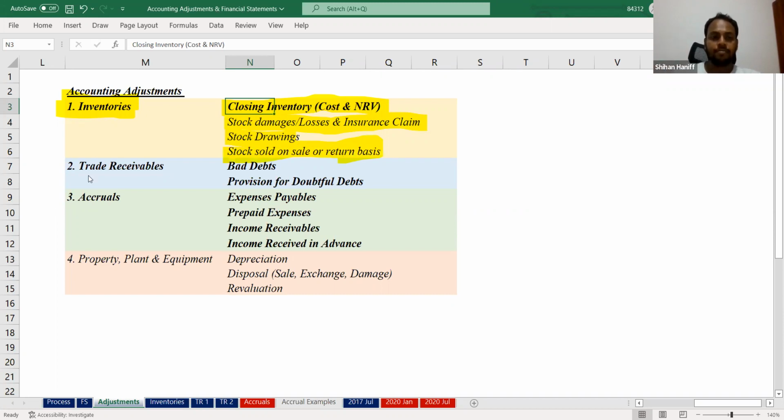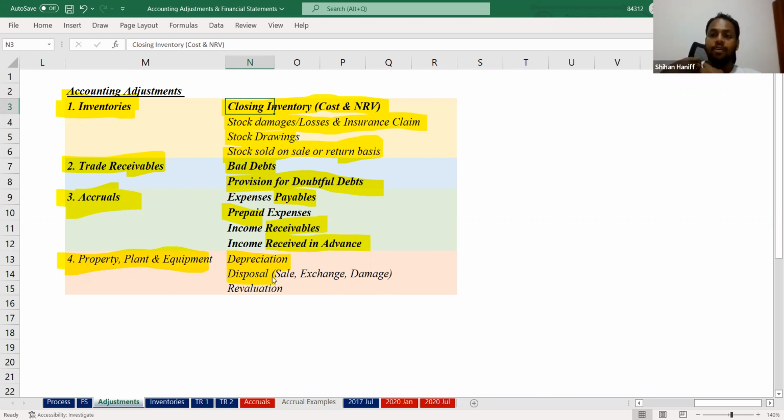Number two, trade receivables. In that, we have bad debts and provision for doubtful debts. Number three, accruals. That means payables, prepayments, receivables, and received in advance under accruals. Number four, property, plant, and equipment. The main adjustment is depreciation. Then we have disposal, either we sell or exchange.